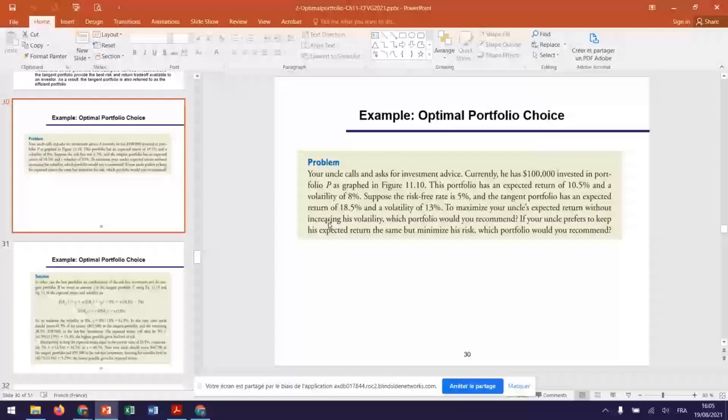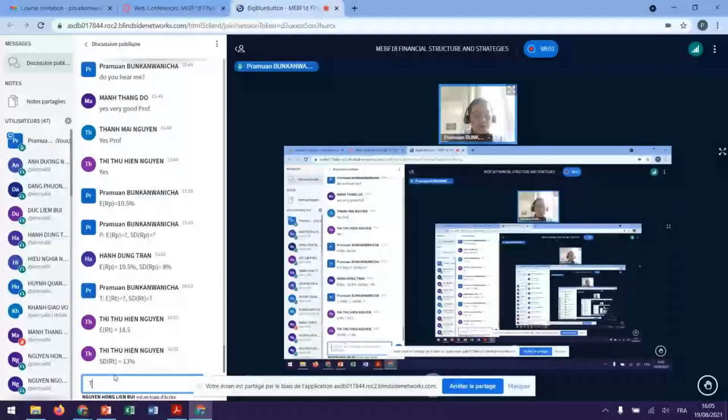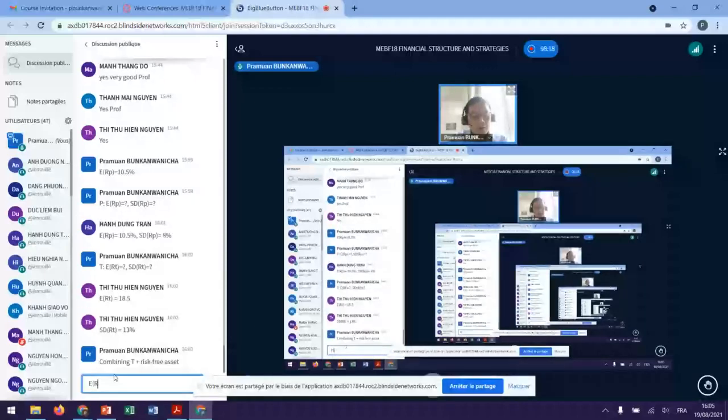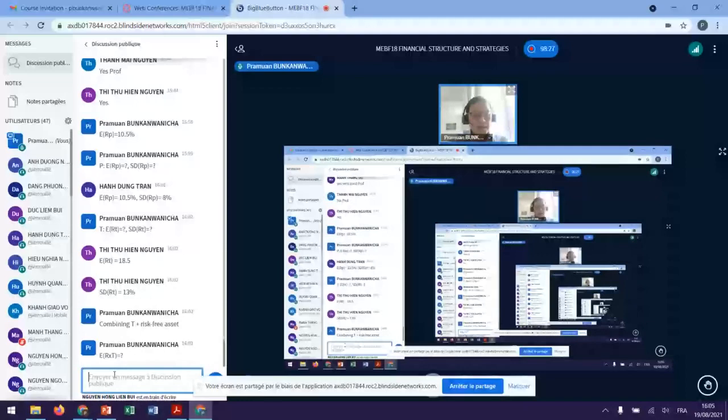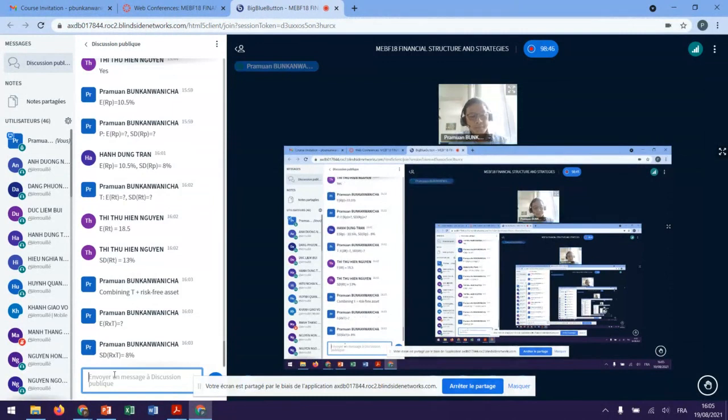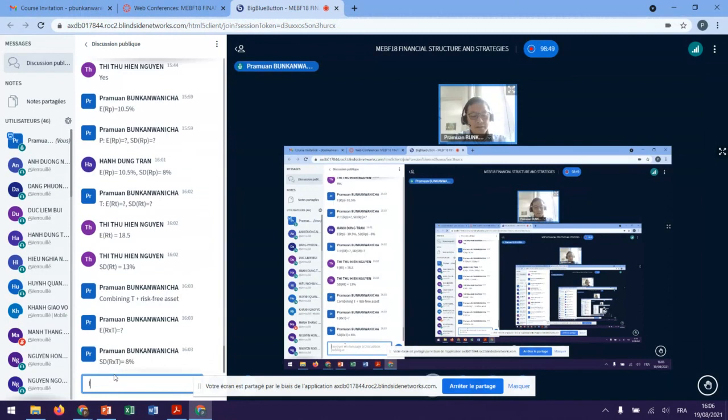So what you're going to do is combine the tangent portfolio with the risk-free asset, meaning you're going to find out what the expected return of your XT would be equal to, if the standard deviation of your RXT is equal to 8%. Everybody follows?